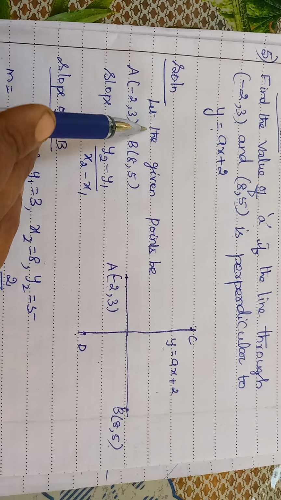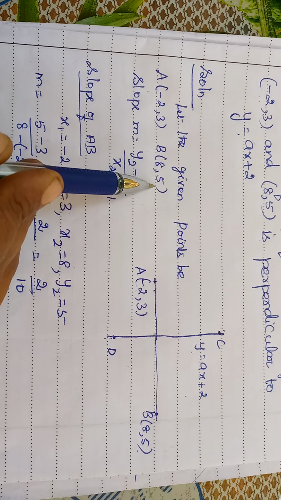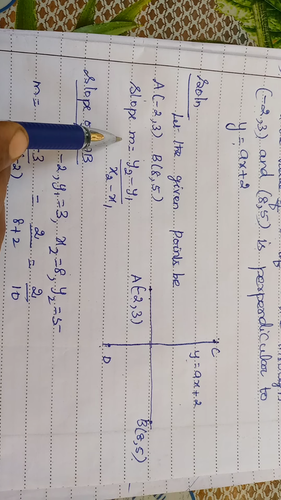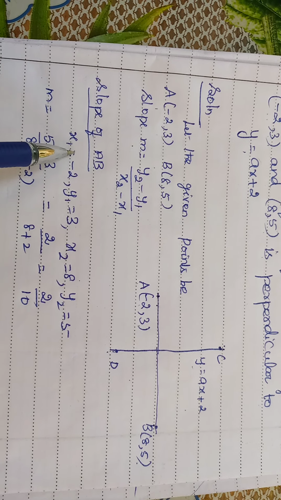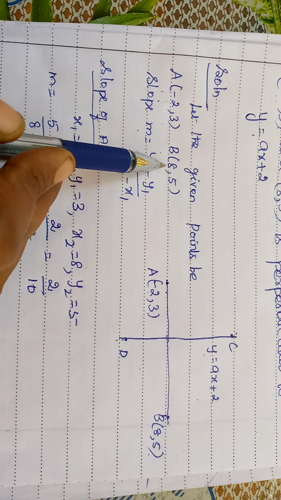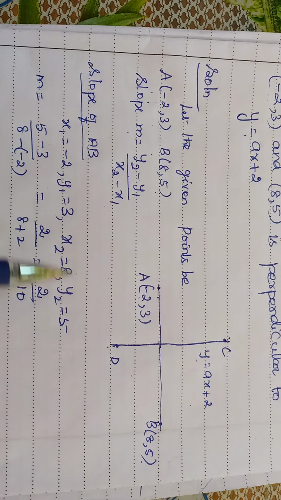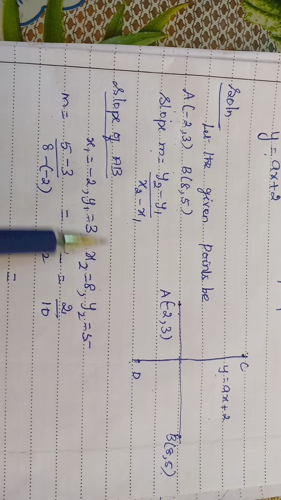So let the given points be A of minus 2 comma 3 and B of 8 comma 5. The slope formula: m is equal to y2 minus y1 by x2 minus x1. So for the slope of AB, here x1 equal to minus 2, y1 equal to 3, x2 equal to 8, y2 equal to 5. Let's substitute these values in this formula.